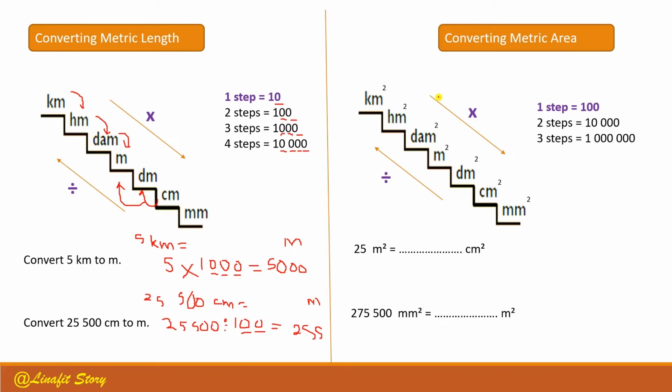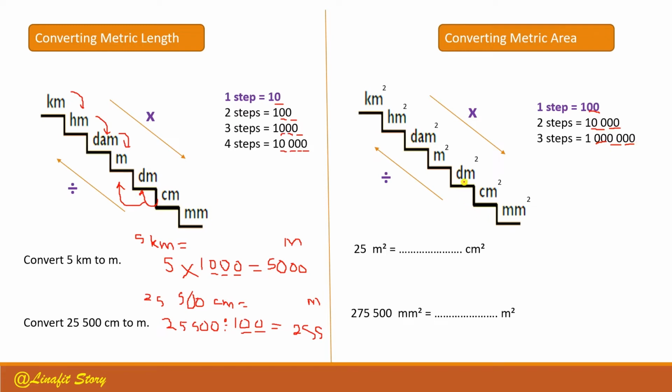For every step down the staircase, we multiply, and step up the staircase, we divide. So in converting metric area, we multiply by 100. So if we move one step, we multiply or divide by 100. 2 steps by 10,000. 3 steps by 1 million.